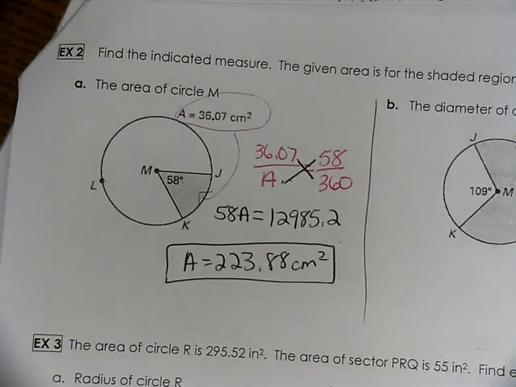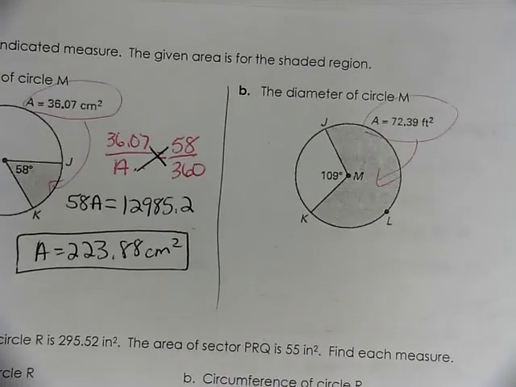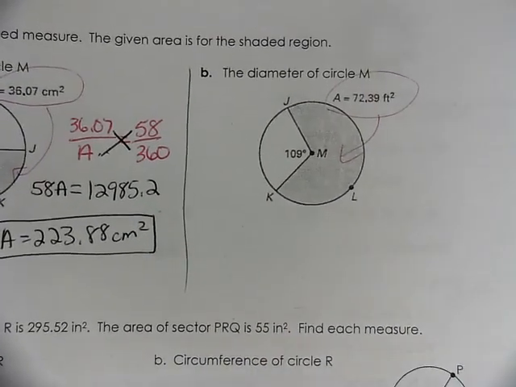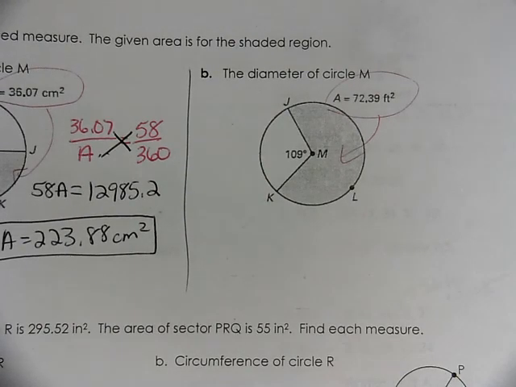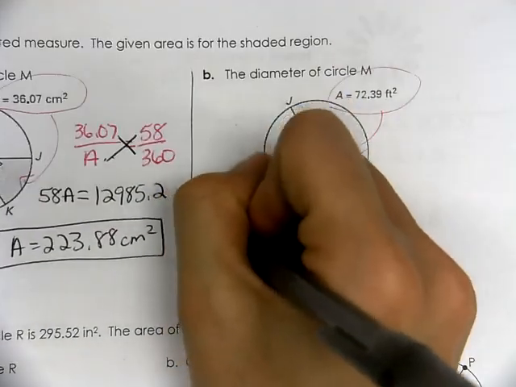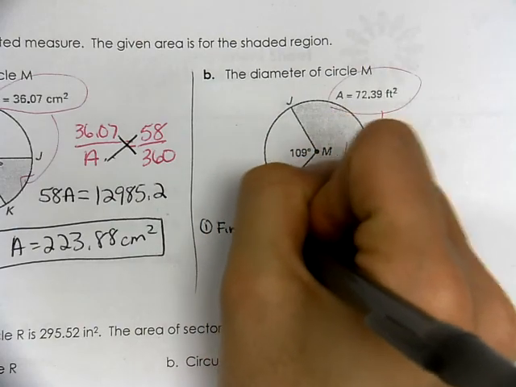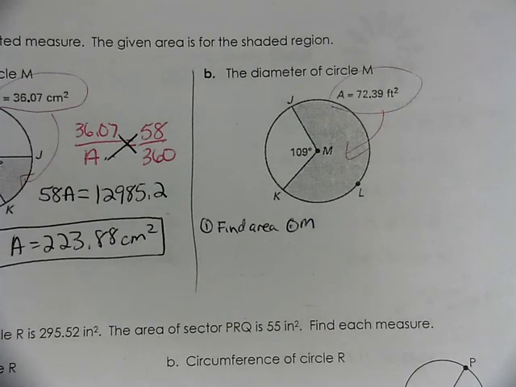Okay, questions on that? B is, I would say, one of the hardest. B says we want to find the diameter of circle N. So it's actually 3 steps. First thing we're going to have to do is find the area of circle M, like we did in part A. Because in order to get to the diameter, I have to know what?